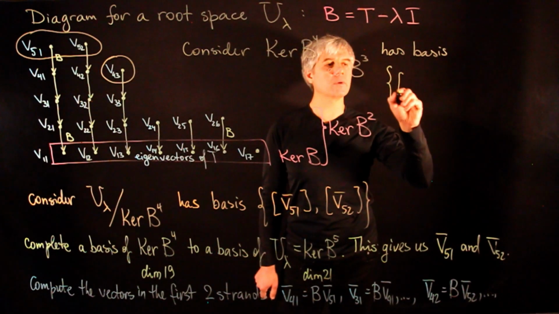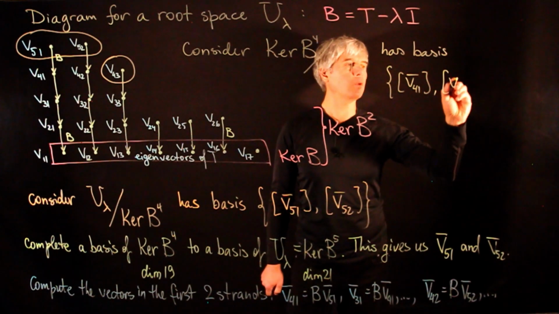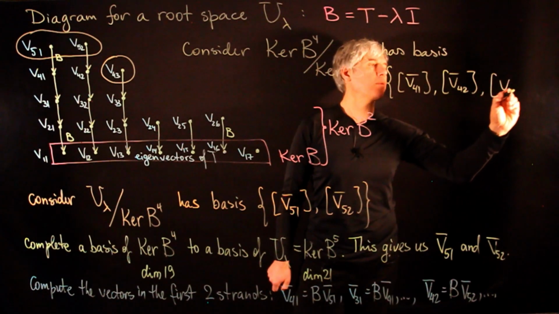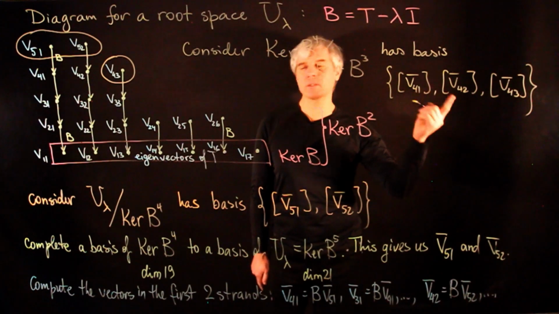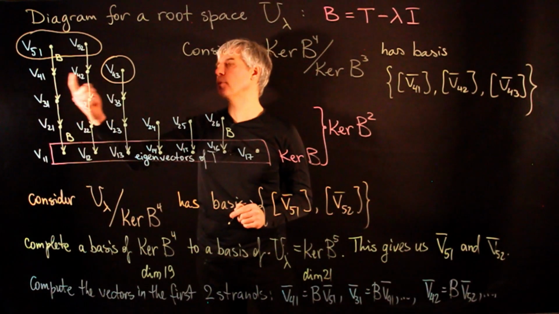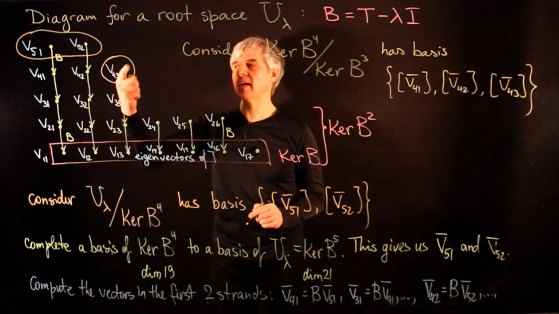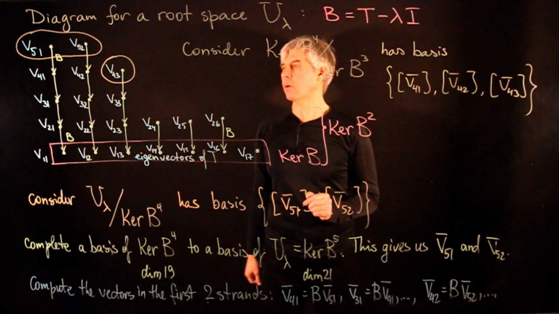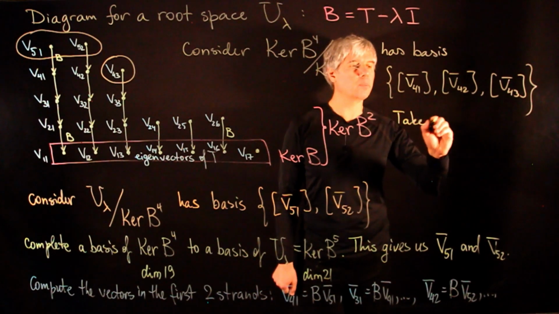So these will be equivalence classes of v41, v42, and v43. The first two vectors we will already have computed from the first two strands, and it's only the third vector that we seek.